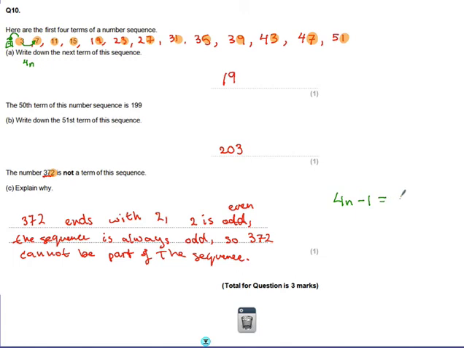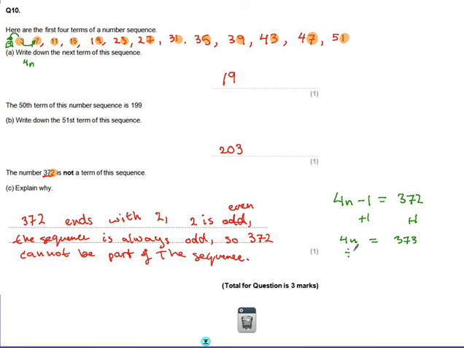Equate that to 372, add 1, so 4n is equal to 373. And since 373 is an odd number and we're dividing by an even number, we won't get a whole number.